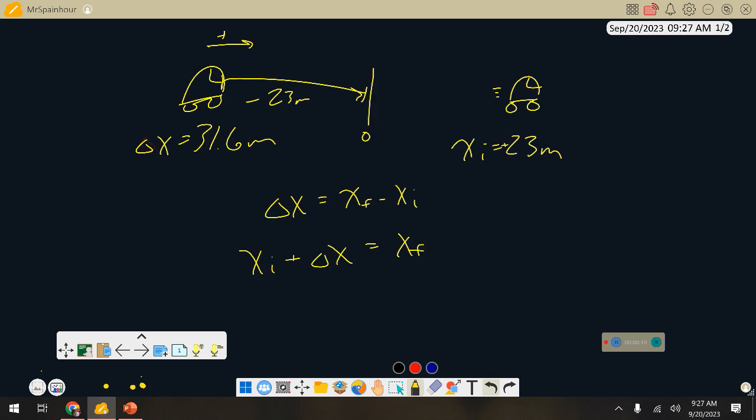If you want, you could do height final minus height initial, and once again, height initial plus however much it changes will give you height final. So of course you have to calculate the change in height, but you already have the initial, so just as you said, you add them together.